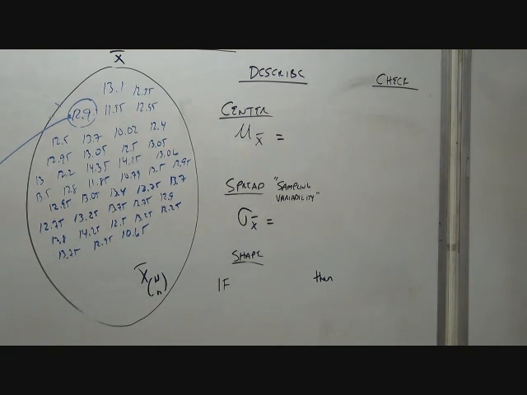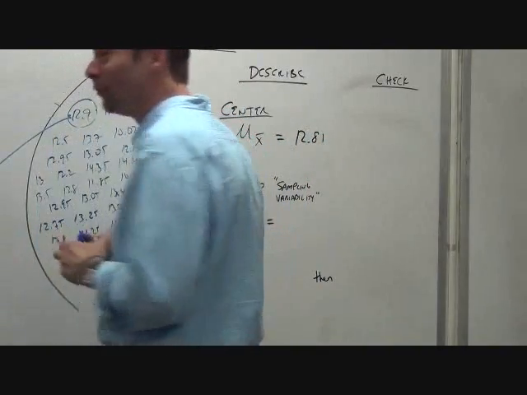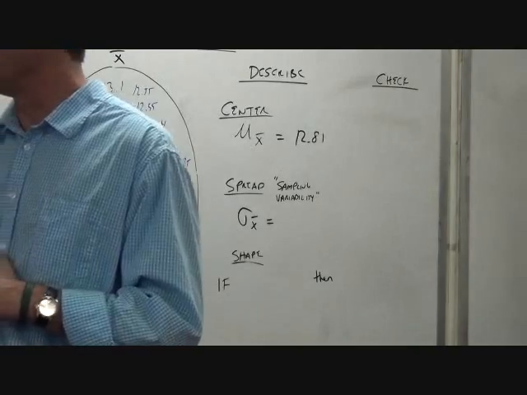You guys put it in your calculator so that for your class we can go quicker. 12.8. Cool, then we'll just go with that. So it looks like the mean of what we've got so far is around 12.81.